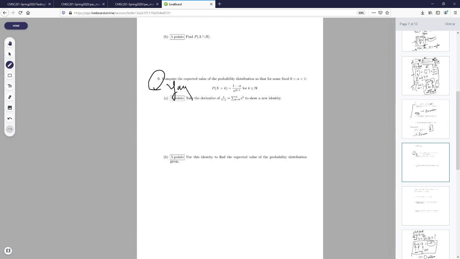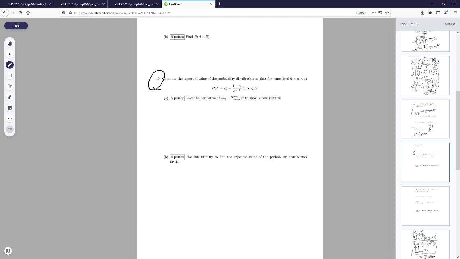Yay. This is my personal favorite. I really am appreciating this problem more and more.